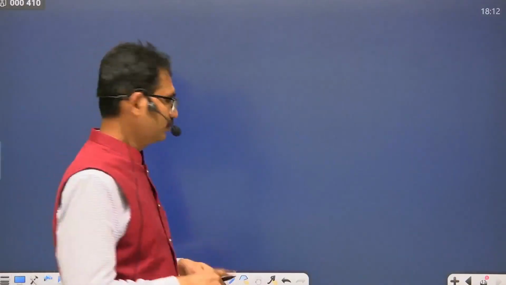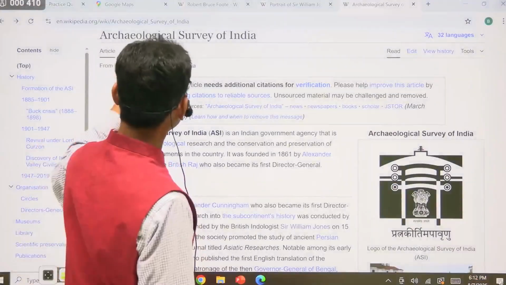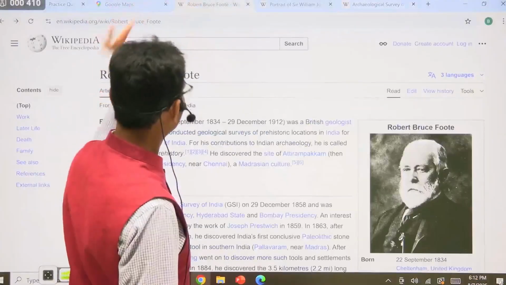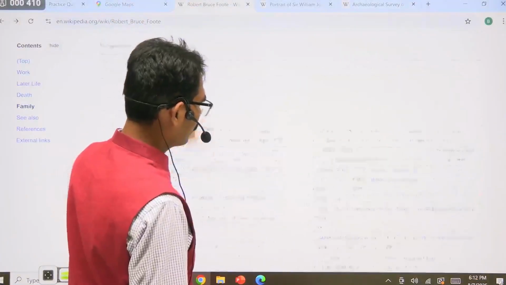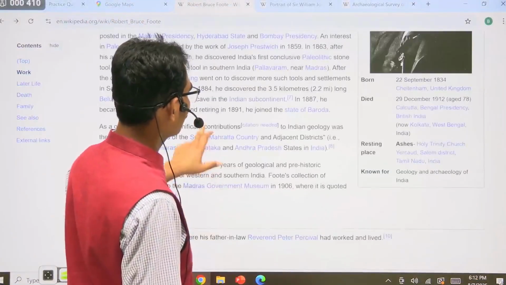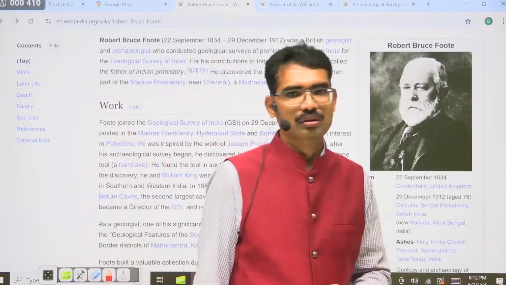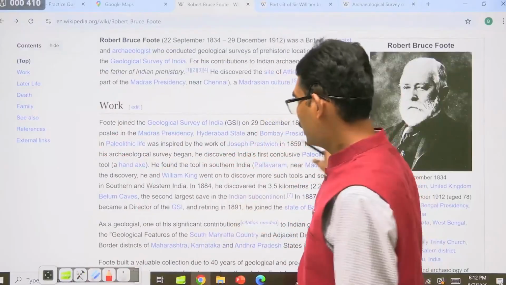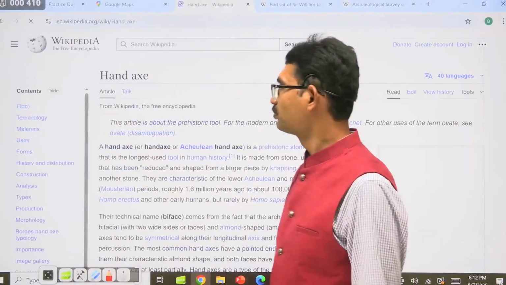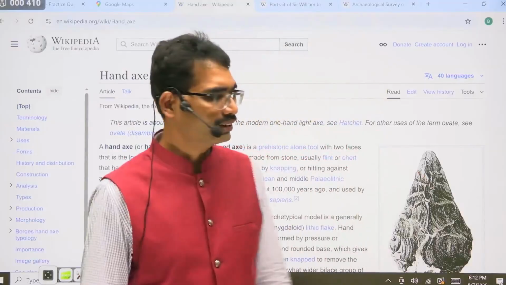To understand our Stone Age, you see this one. This is Robert Bruce Foote. He discovered something called the Paleolithic hand axe.